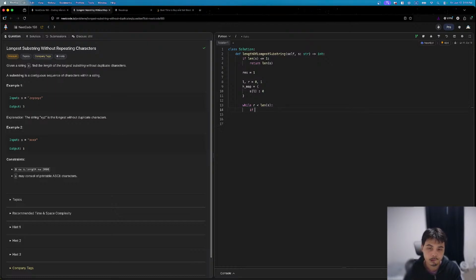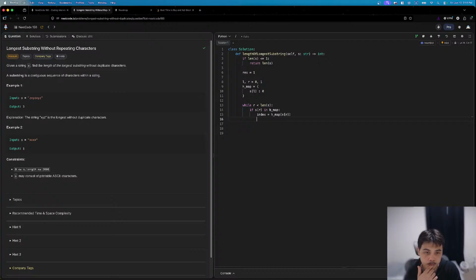Okay, so if SR and hash map, what we want to do is index is equal to map SR, right?